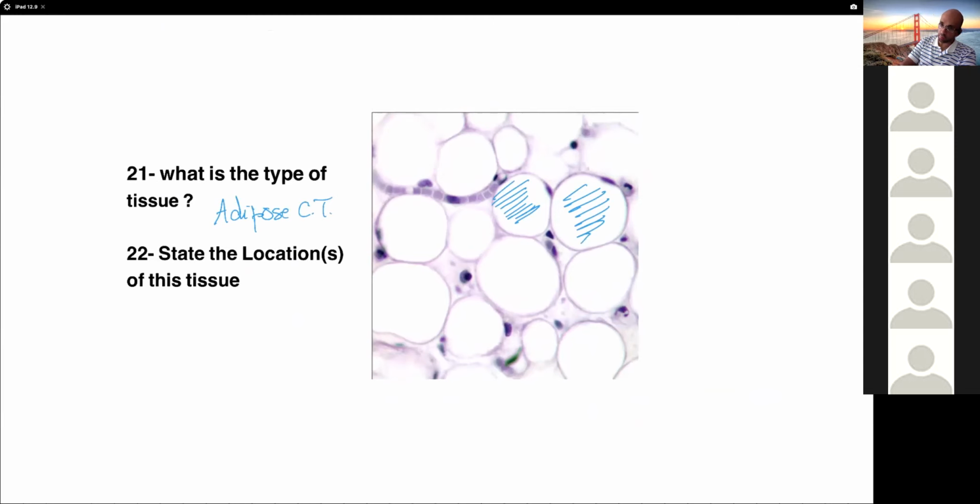Around abdominal organs, and breasts, and hypodermis, or subcutaneous tissue. All right, so around abdominal organs, hypodermis under the skin, and in the breast.